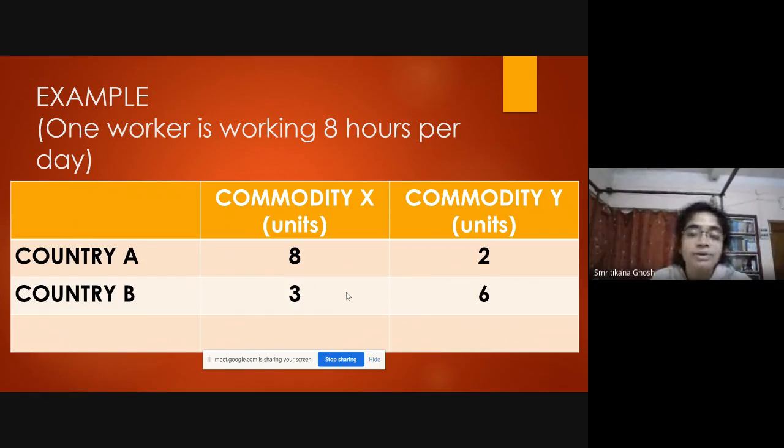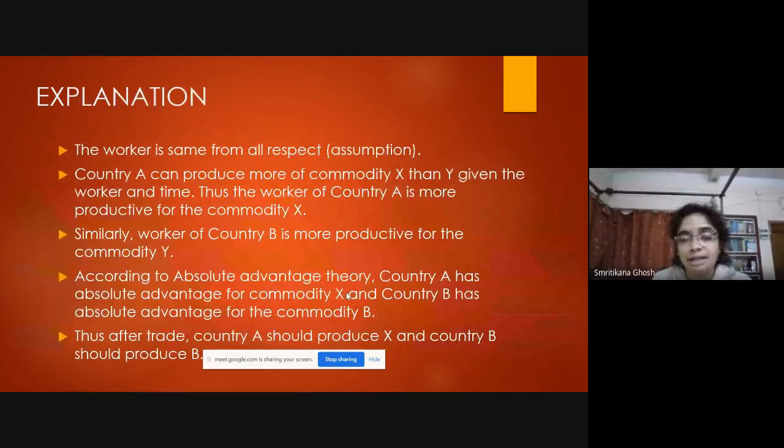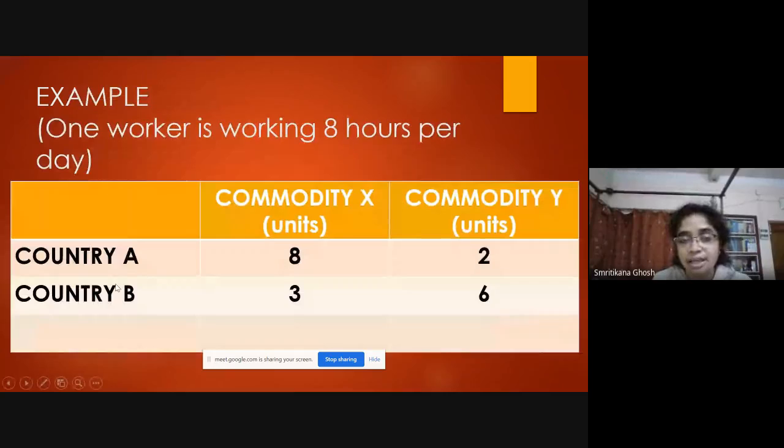Now you can understand from that table that for country A, the worker can produce more of commodity X than commodity Y. So the worker is more productive for commodity X, and we can say country A has absolute advantage over commodity X.